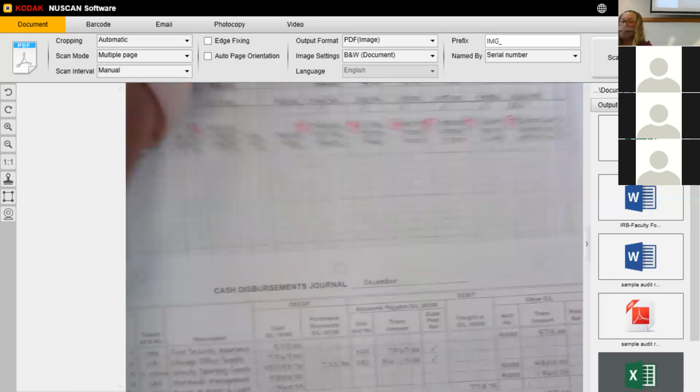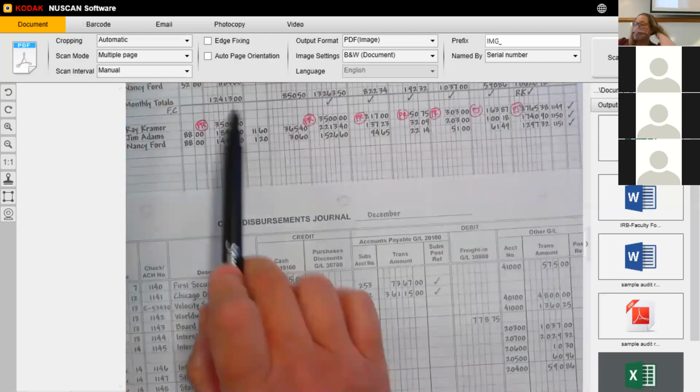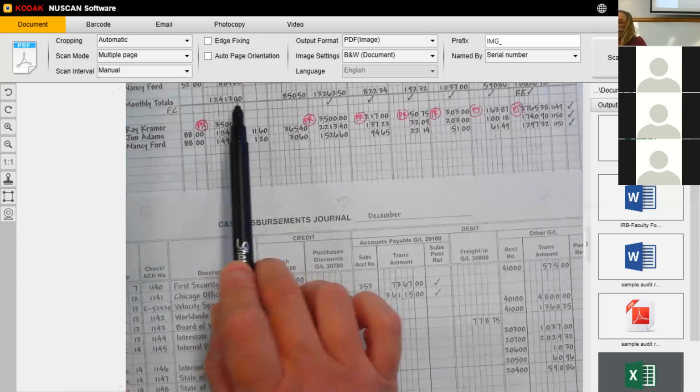So let's take a look. We haven't done December yet, but we did do this process in November.